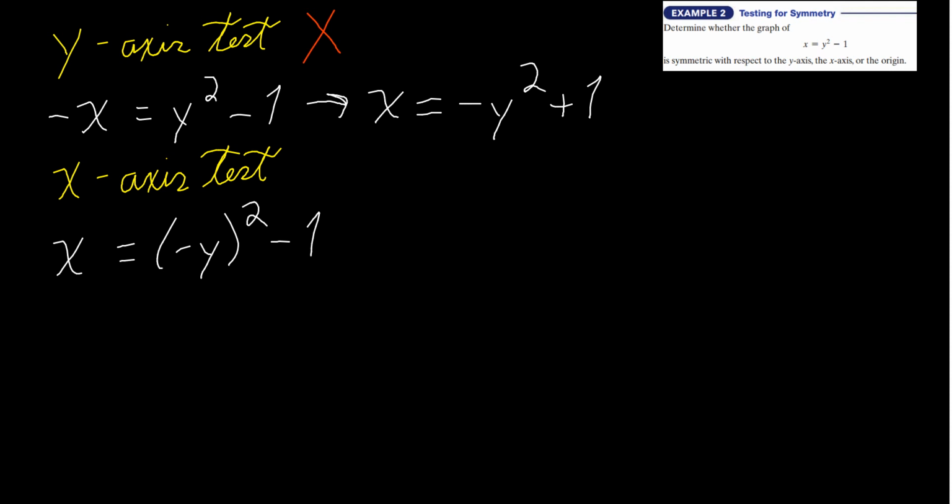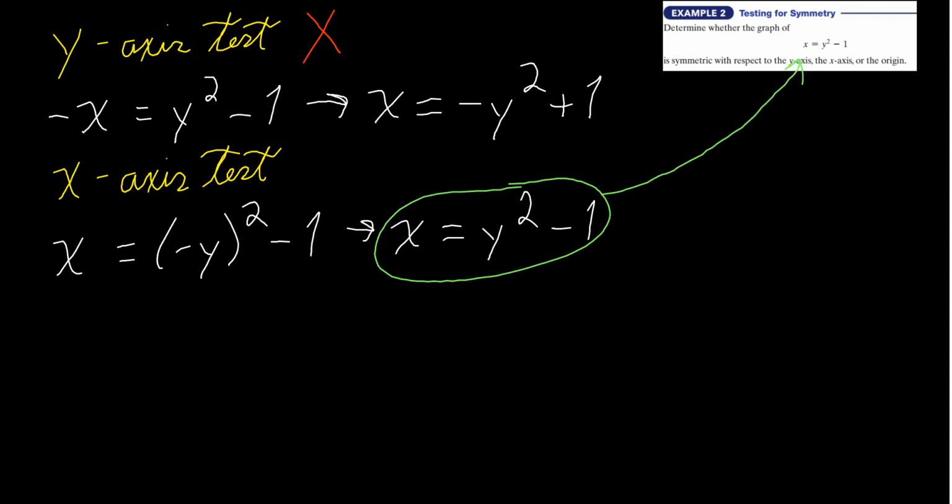Doing the arithmetic here, we get x is equal to y squared minus 1. So looking at this, is this the same as the original? Well, yes, it is. x equals y squared minus 1. It is the exact same. So we are indeed symmetric about the x-axis for this particular graph.